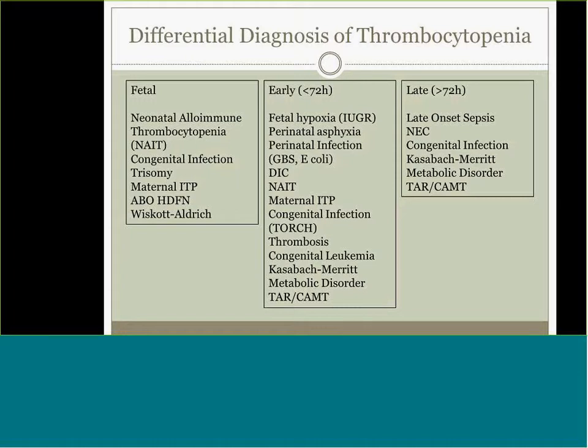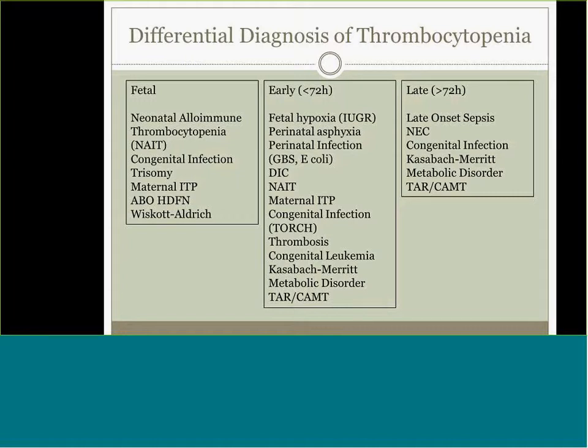I think about ABO, HDFN, the hemolytic disease of the newborn, because platelets carry AB antigens on them, and Wiskott-Aldrich. Then in the NICU course, I think about insults to the infant, so fetal hypoxia, IUGR, perinatal asphyxia, perinatal infection, group B strep, E. coli. I think about sepsis and DIC and consumptive coagulopathies.